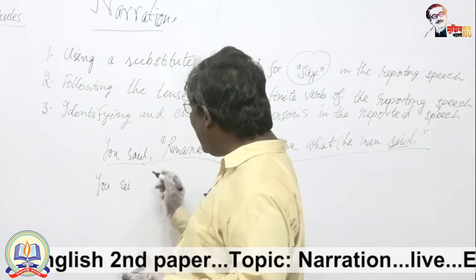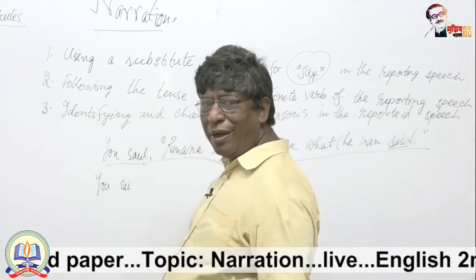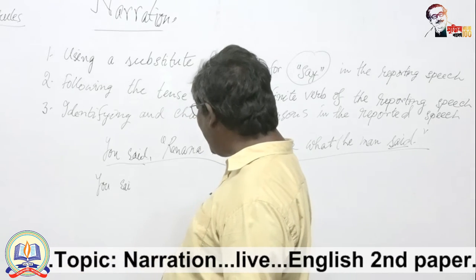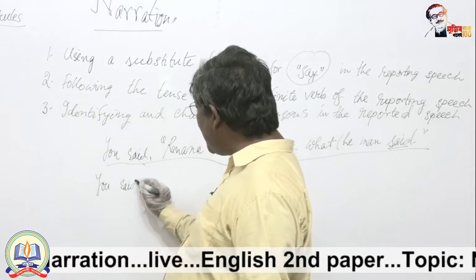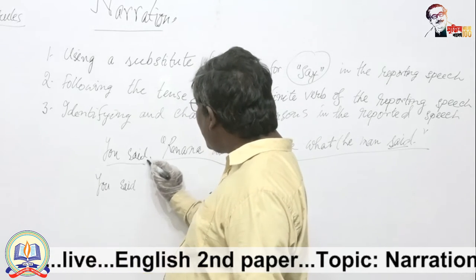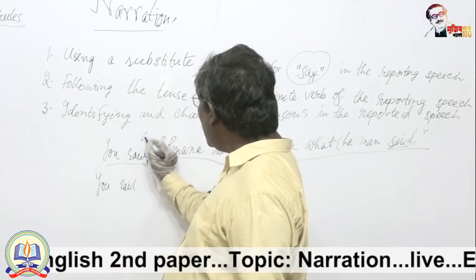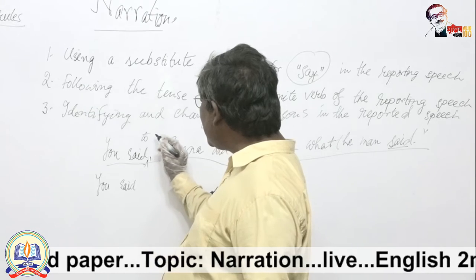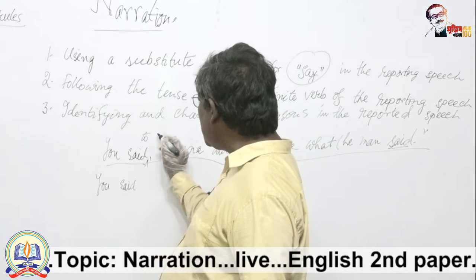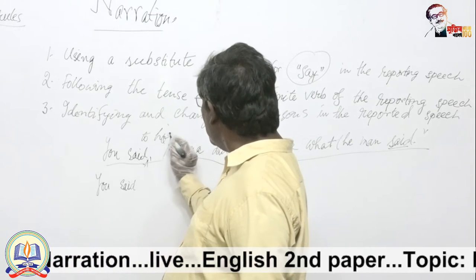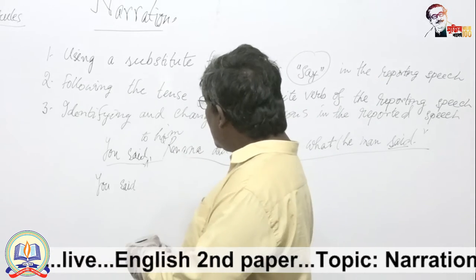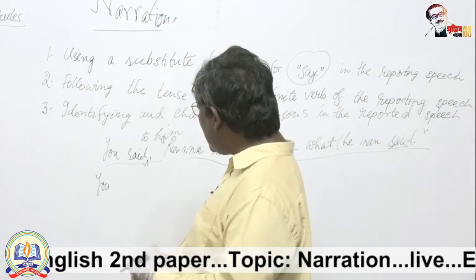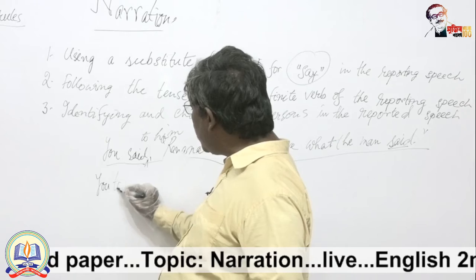One important thing is that if you do not have any listener identified, you will keep this said. But if you have a listener identified, you say to him. This say will be changed in this way. You told him.